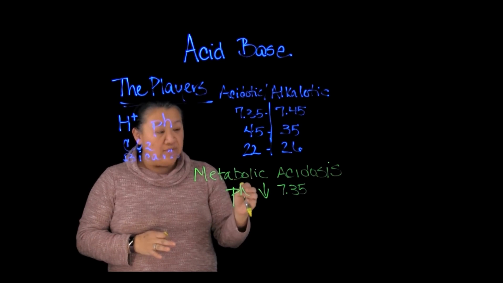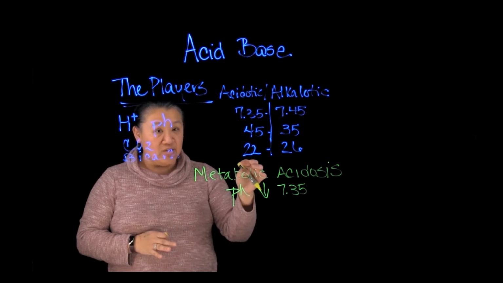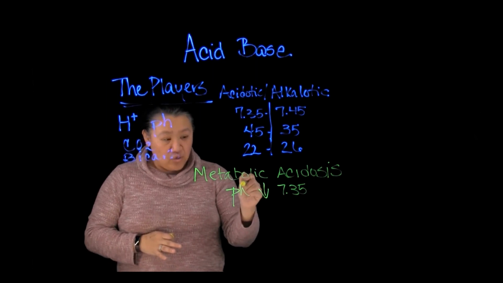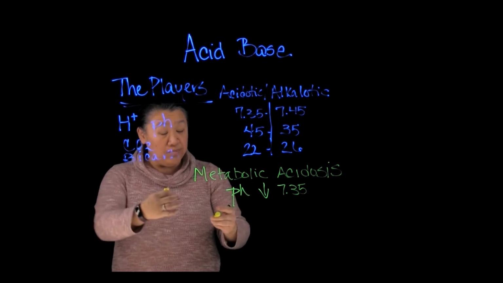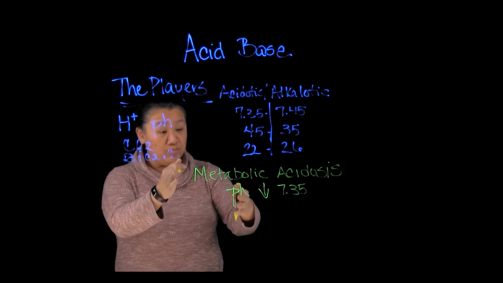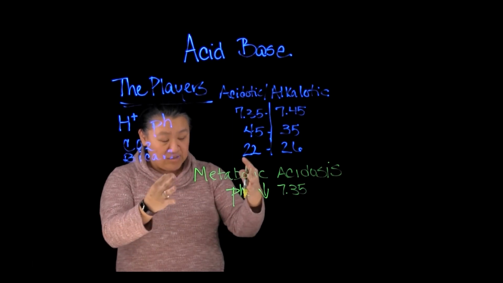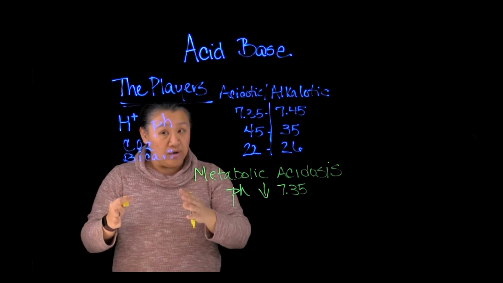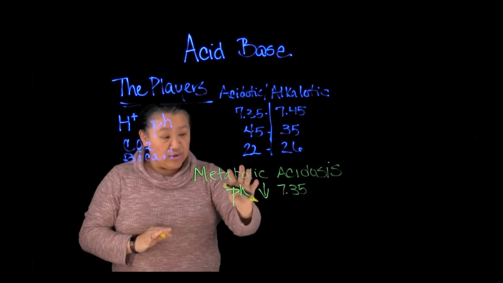If you have a low pH, then you have too many hydrogen ions, which is what gives you the acidosis, right? But it's a metabolic problem. So because it's a metabolic problem, you possibly have a kidney issue. Sometimes there are mixed issues in there, but because it's metabolic and not respiratory, we can't look at the CO2 for right now. Because it's metabolic, you have to look at the bicarb.